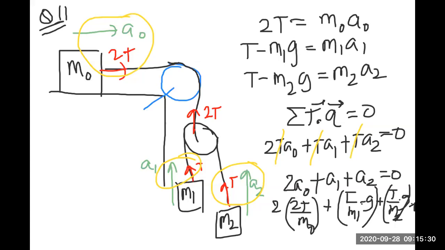So I will get t by m naught into 2 plus 2, 4 आ जाएगा यहाँ पे, सॉरी 4 plus 2, 6 आ जाएगा.